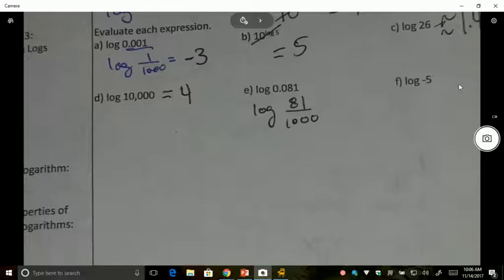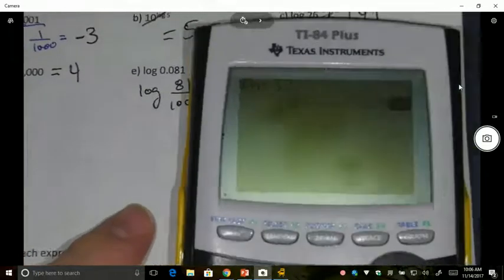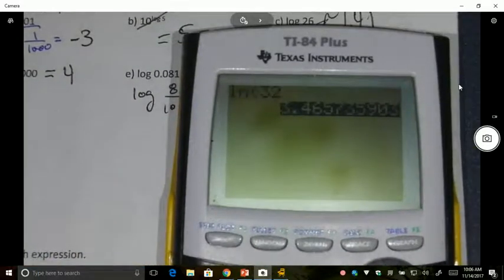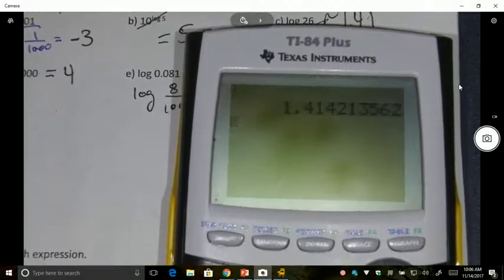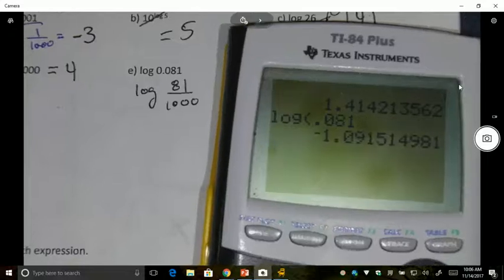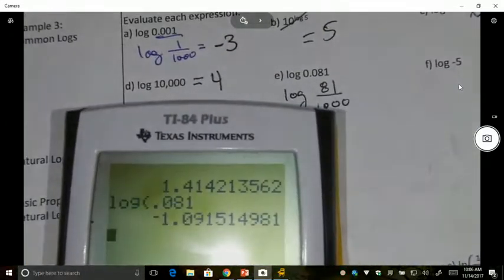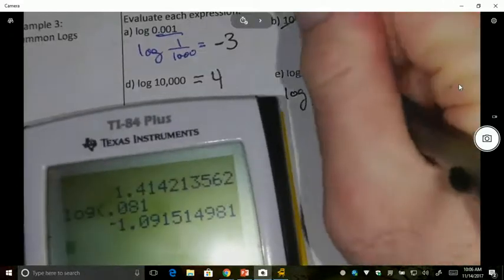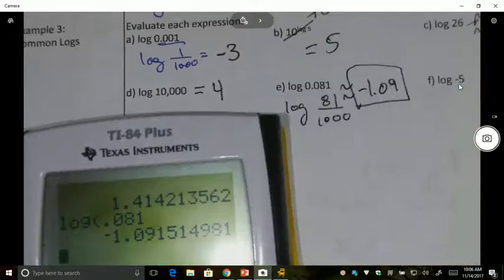It has a base of 9. So this isn't going to help me at all. I'm still going to need my calculator because that has a base of 9. So I'm going to do log of 0.081, and I get an approximate answer of negative 1.09. So that one we have to have a calculator for.